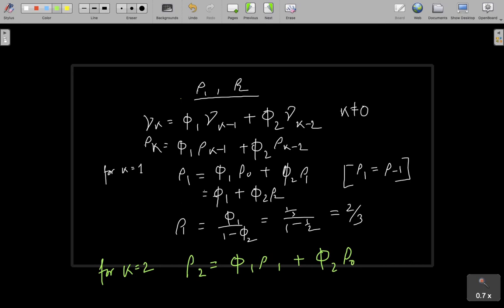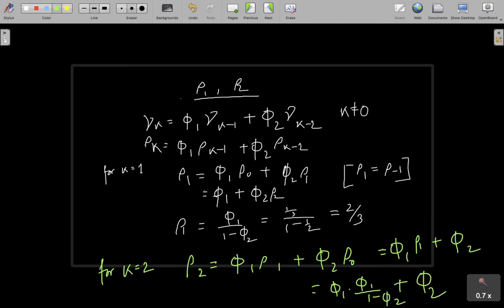So that means I can write it as phi 1 rho 1 plus phi 2, and my value of rho 1 is phi 1 divided by 1 minus phi 2, so phi 1 into phi 1 by 1 minus phi 2, plus phi 2, right?